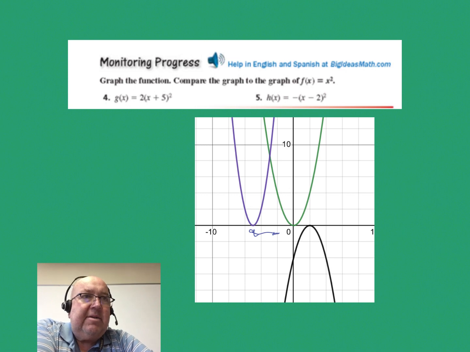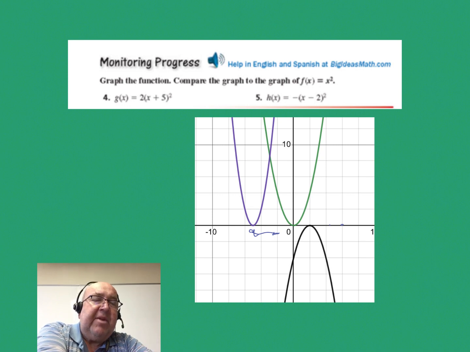And the black one is negative x squared minus 2. Notice that the graph units are going by 2 on this graph because of the size. So remember that the negative in front is going to turn the parabola upside down and open downward, and then the x minus 2 is going to move it 2 places to the right.